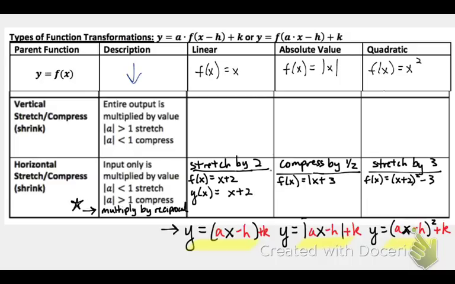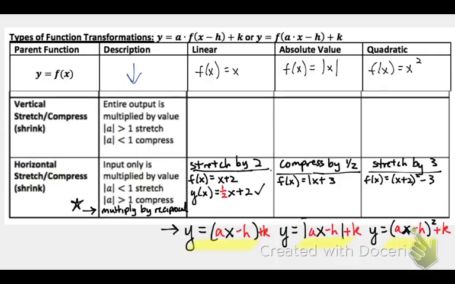So not the b value at the end. So it'll simply be 1/2. And with linears, once you have the equation written, if you didn't do it yourself, you wouldn't know if it was a vertical or a horizontal because they look the same.